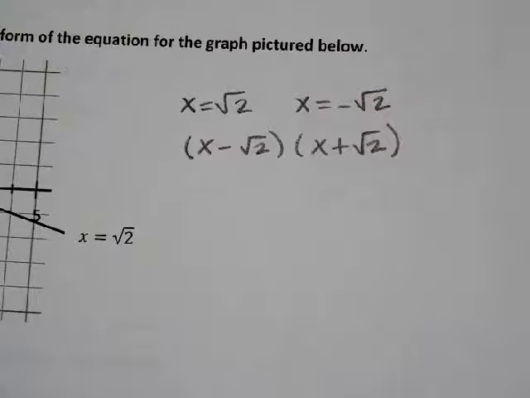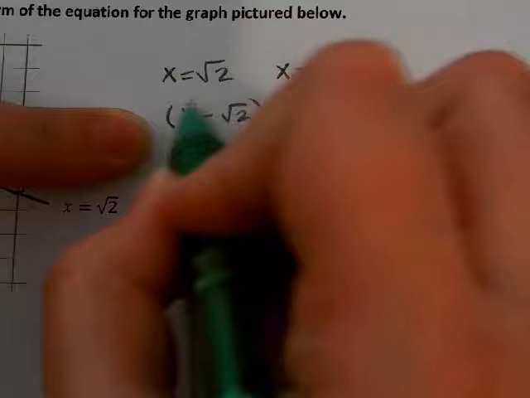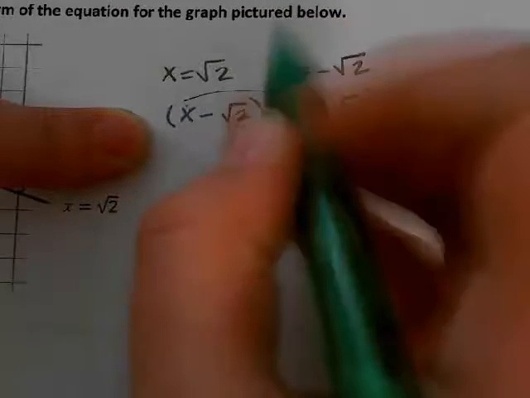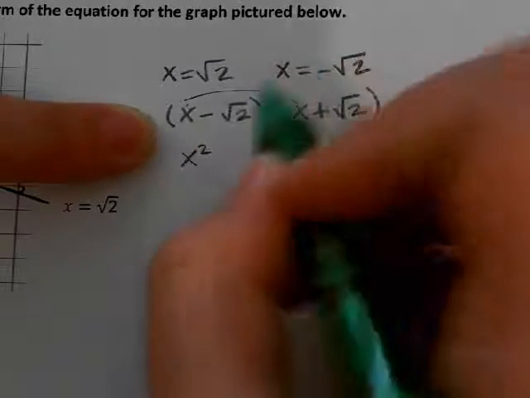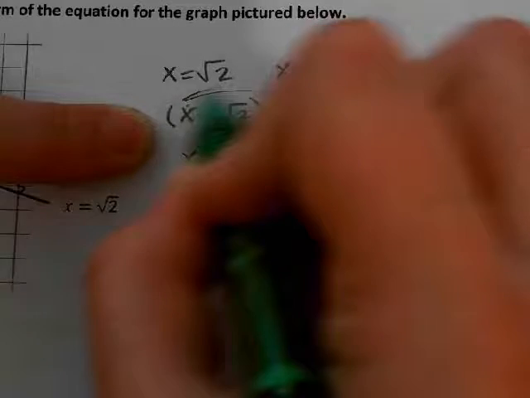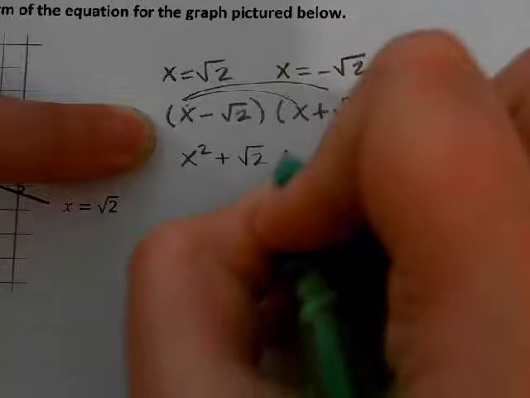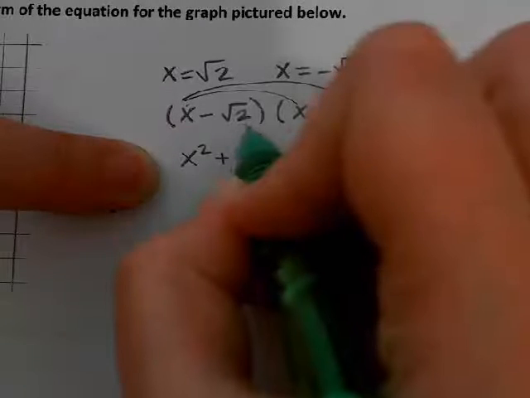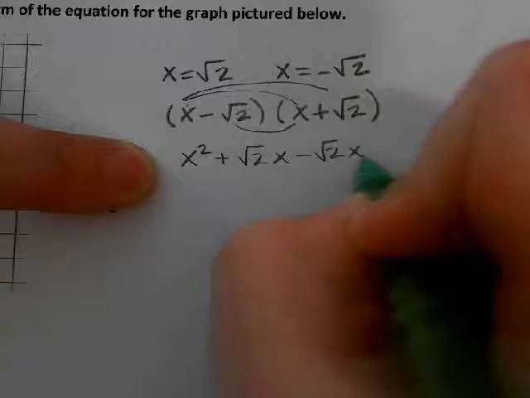So we're going to do x times x. X times x is x squared. And then this is where the weird stuff happens, and don't be intimidated. We're going to do x times the square root of 2, which is just positive square root 2x. And then we're going to do negative square root 2 times x, which is negative square root 2x. And then we're going to do negative square root 2 times positive square root 2.